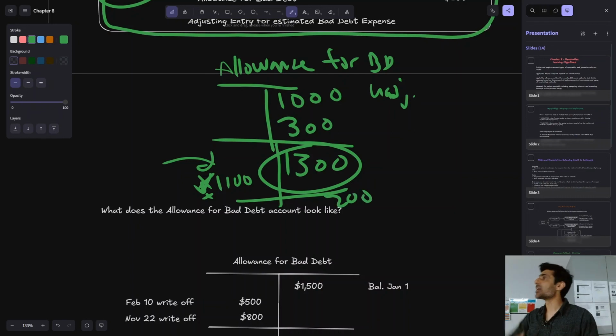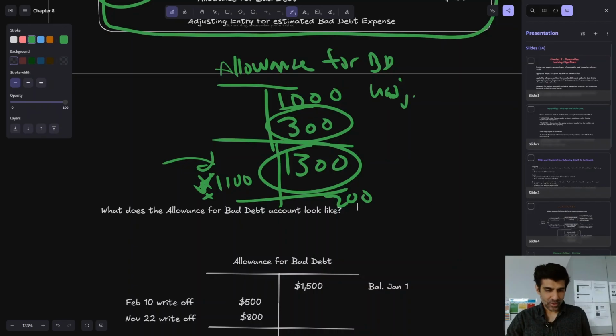And then we'll have another adjusting entry at the end of that year, and it'll just keep rolling down. But again, as I mentioned, there's no self-correcting thing, because this $300 is not based on the accounts receivable. It's based on the sales that happen in that period. So if we're overestimating, this thing can keep growing.